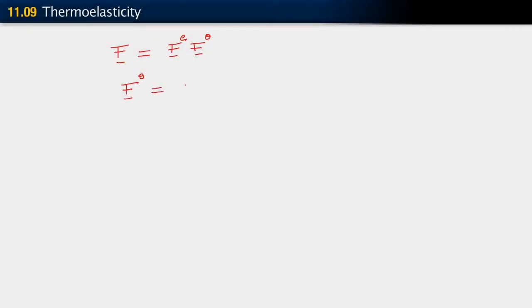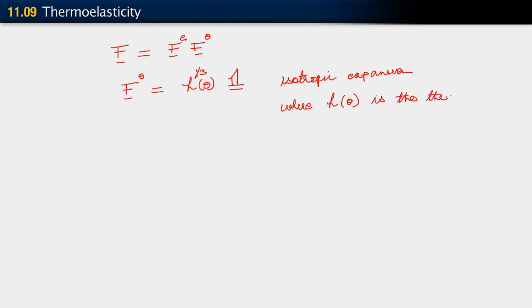If we say that F theta is some function h of theta, to the 1/3 power, multiplied by the isotropic tensor, what we have here is isotropic expansion, where h of theta is the thermal expansion volume ratio.